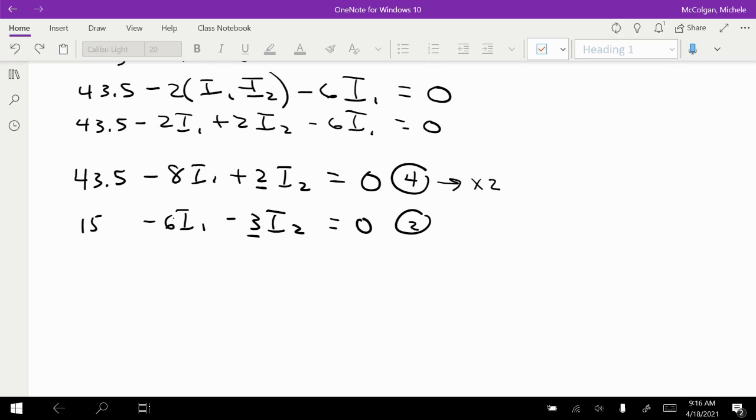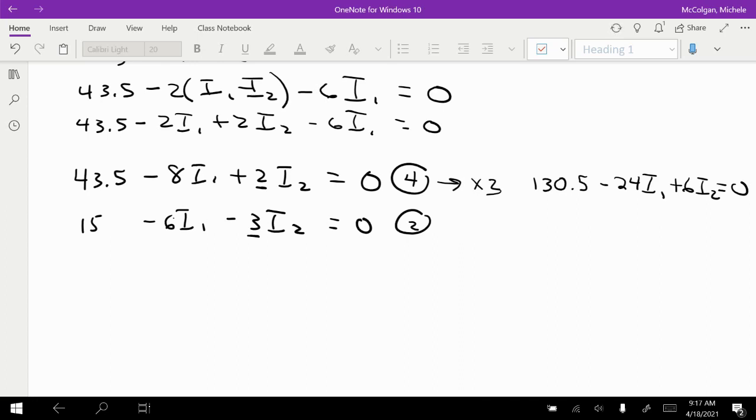Let's see, 43.5 times 3 is 130.5. So make that a 3. So I get 130.5 minus 24I1 plus 6I2 equals 0. Okay, and what do I need to do for the bottom equation?